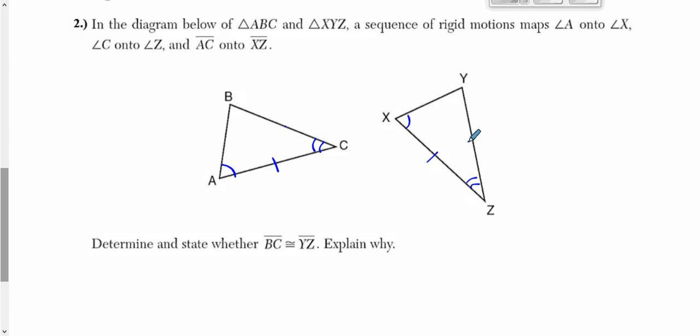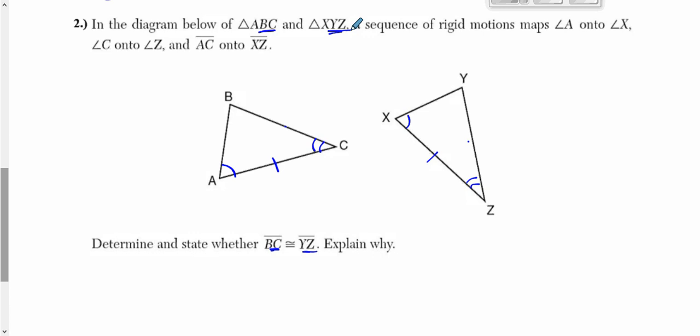Now, we need to determine whether BC and YZ correspond to each other. Look at this up here. Does BC match up with YZ in their statement? Yes. So they are corresponding parts of congruent triangles, and therefore they are congruent. So let's answer this.